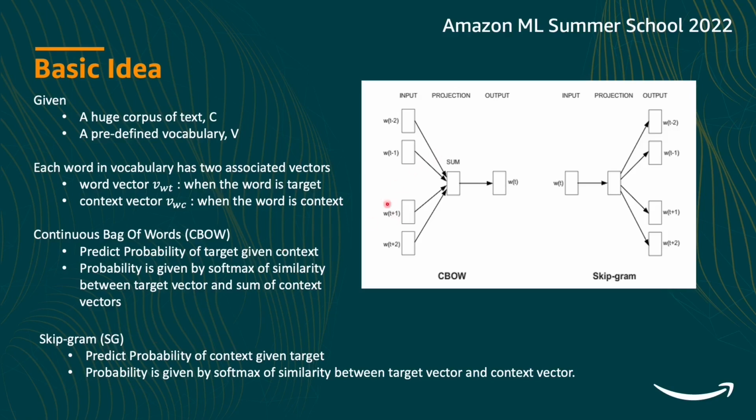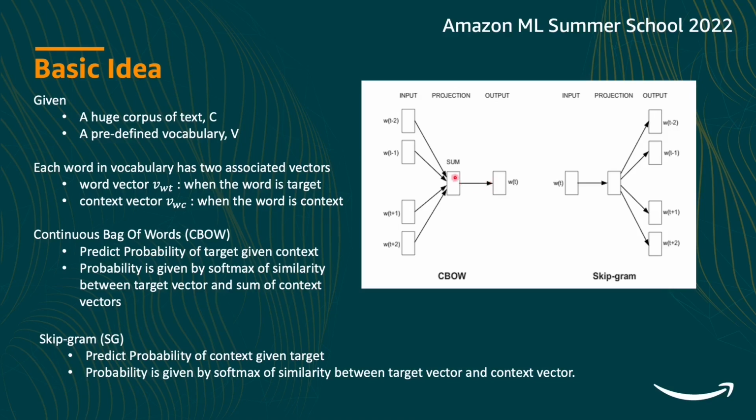As shown in this figure, it takes the context vectors of all these context words and takes their average, which becomes the representation, or embedding, of the context. Given this embedding, it then estimates the probability of the correct target word.